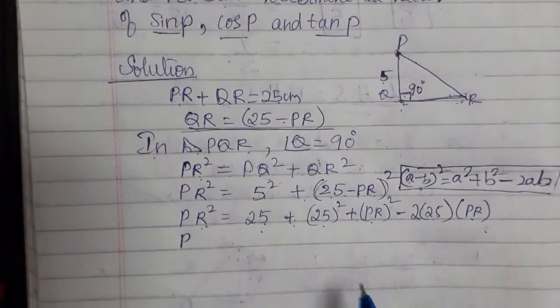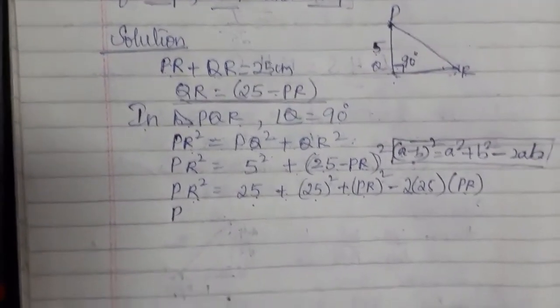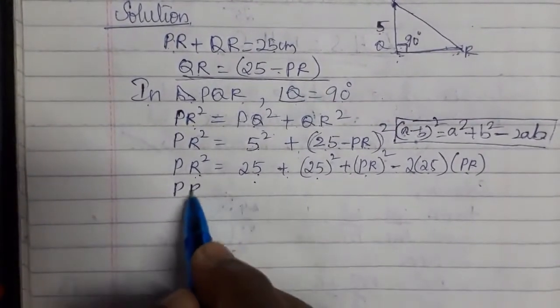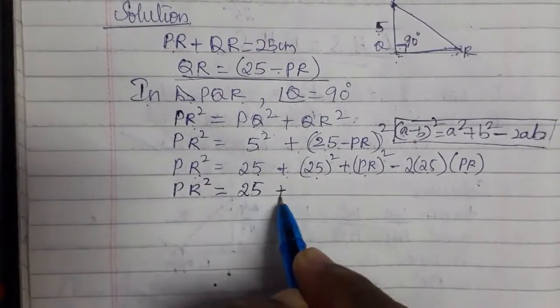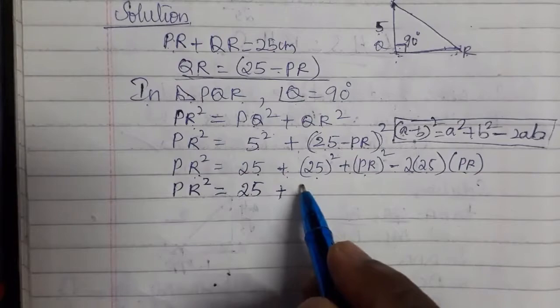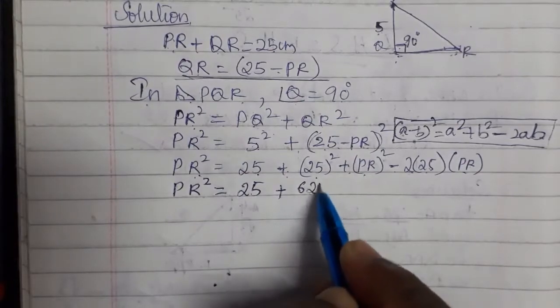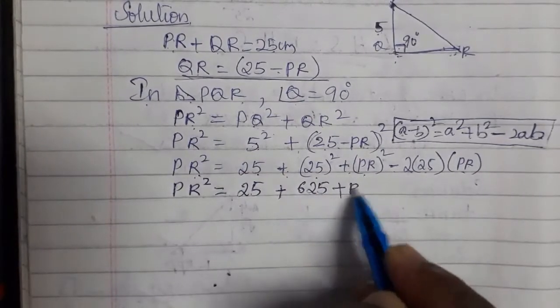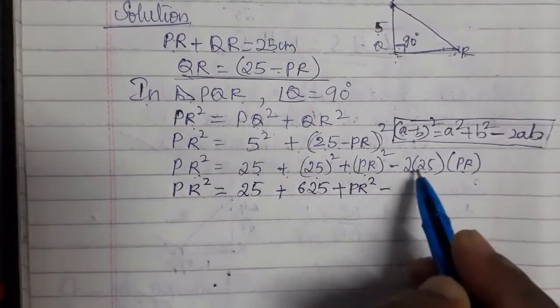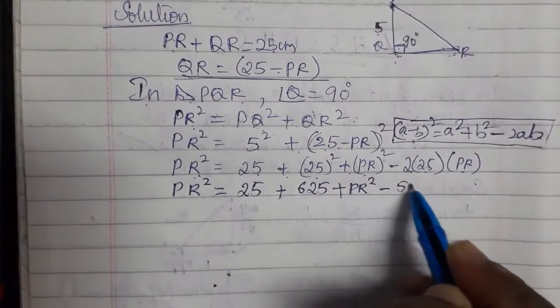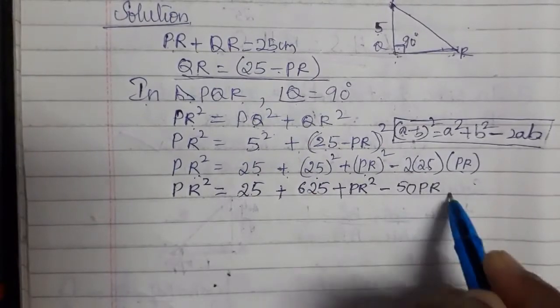So PR square is equal to 25 plus 25 are 625 plus PR square minus 25 2s are 50 PR.